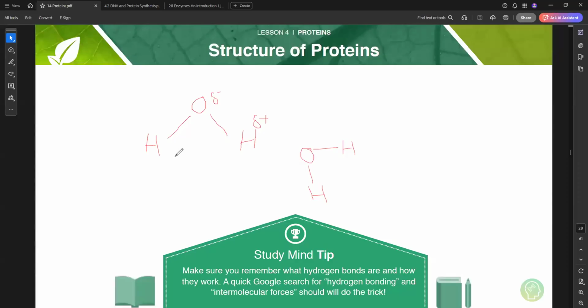So here I've drawn water. Water has oxygen. Oxygen is more electronegative than hydrogen. And same over here. What you may or may not know, depending on whether you've done A-level chemistry, is that oxygen has two lone pairs of electrons.